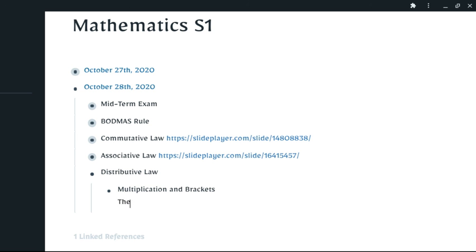The distributive law deals with distributing a number, it's in the name, throughout a bracket, over other operations.